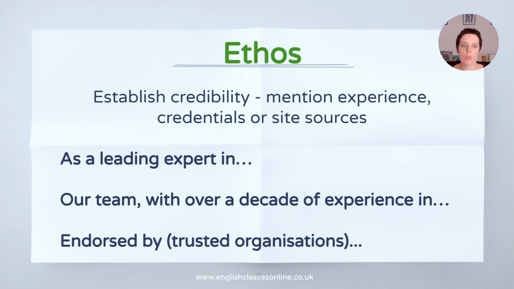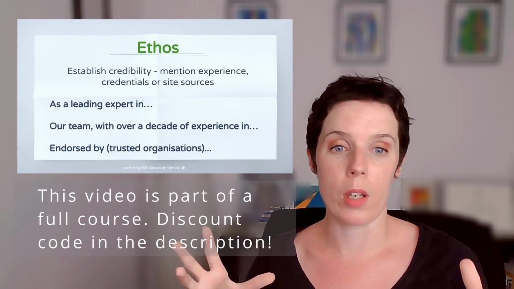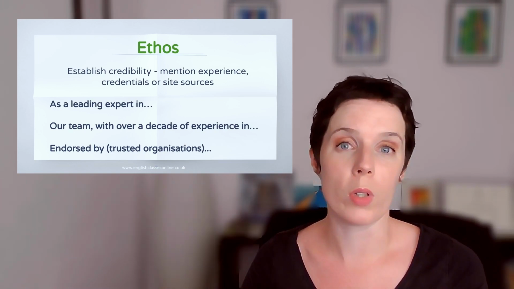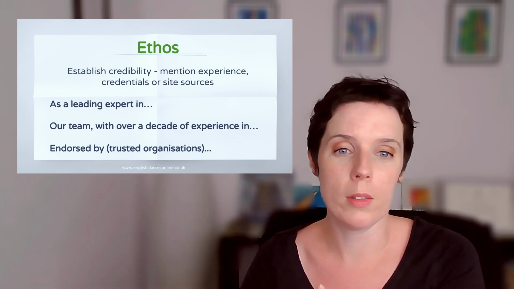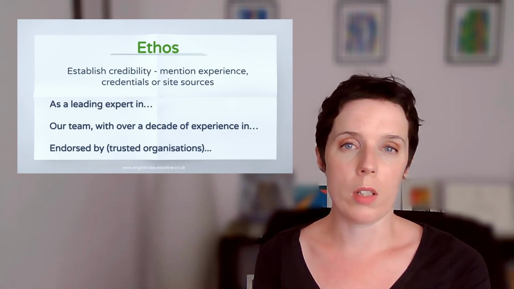Our team, with over a decade of experience in this area, proposes that you do this. Endorsed by, and then you can give an organization. You can use any of these to make the reader think, oh well, the person writing knows what they're talking about, so I should probably do what they say. So that's another persuasive trick that you can use.